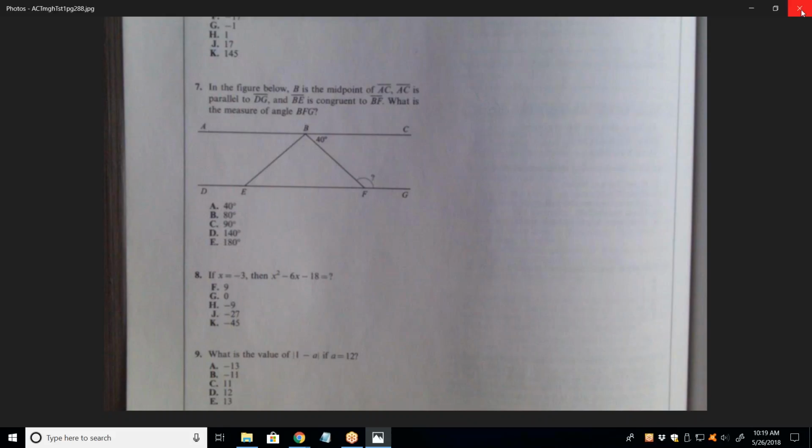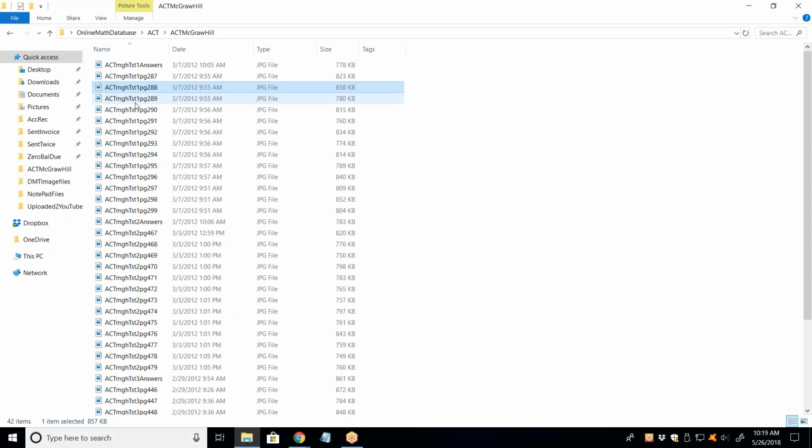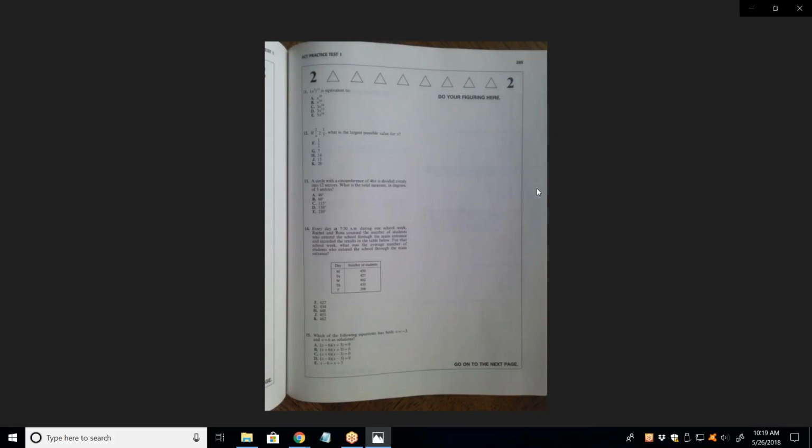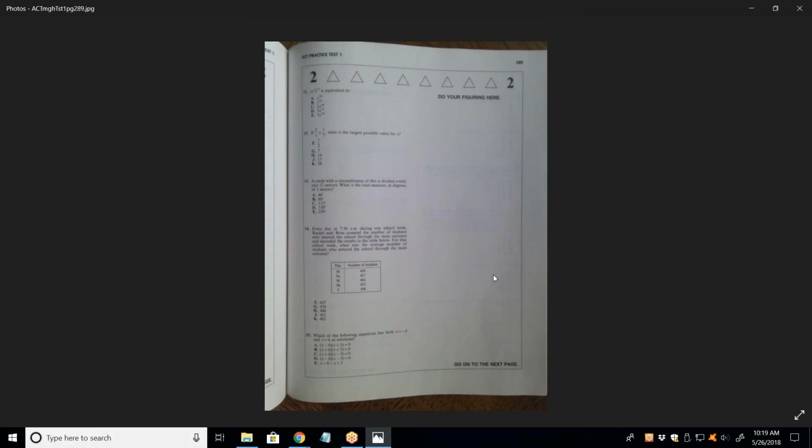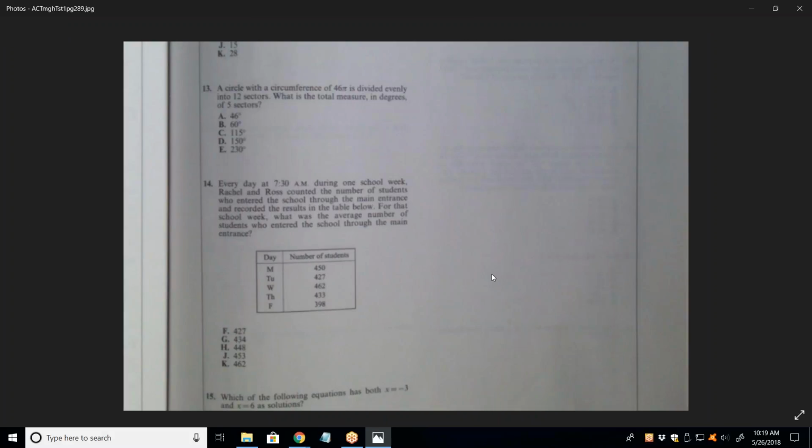No, I can't scroll down. My programs start working really funky here. I'm not quite sure how to fix this. I've been experiencing this for about a week where I can't get access to the edit. There it goes. And I can do this, but I can't scroll down. But I guess for our purposes, we don't need to cover every problem. We're doing random problems. That's actually a fine way to go. So let's do 13. Okay.